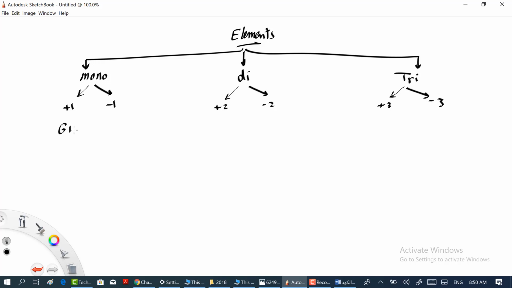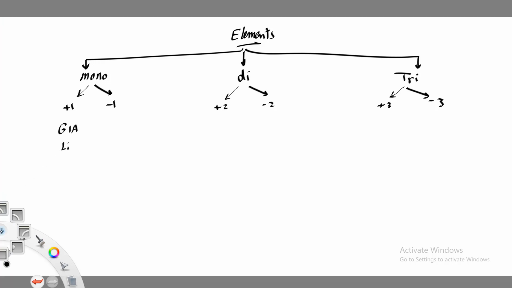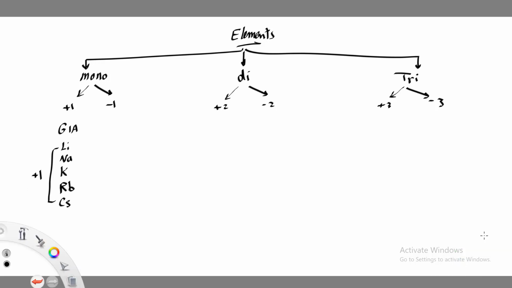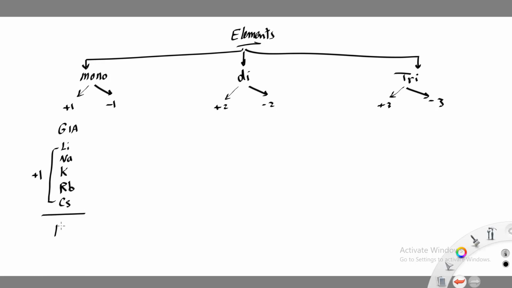Group 1A: lithium, sodium, potassium, rubidium, cesium. They are in group 1A and they are positive 1. Then we find hydrogen, and also silver.